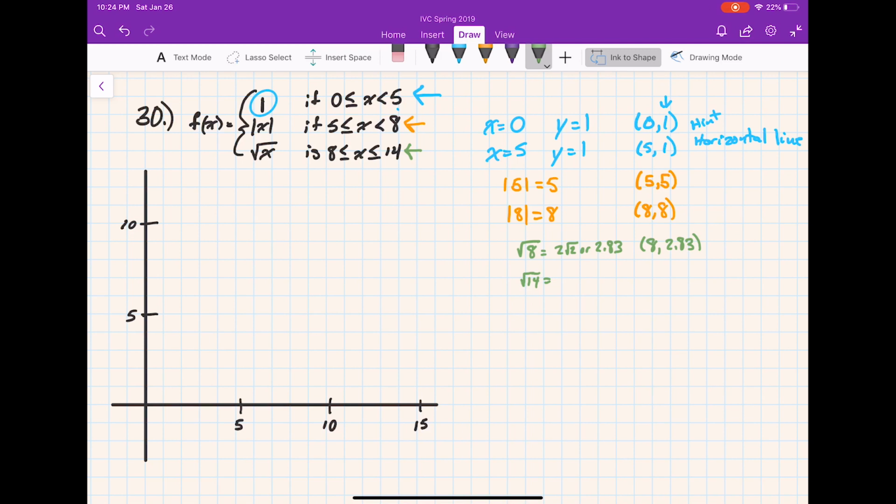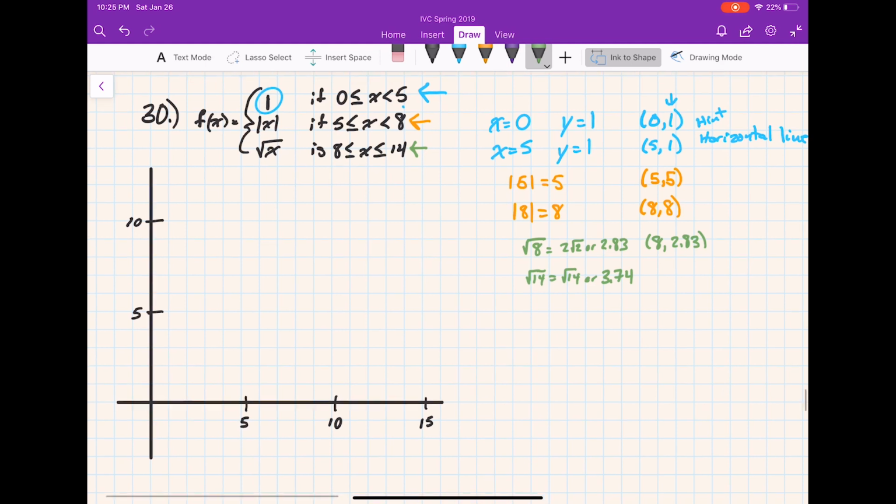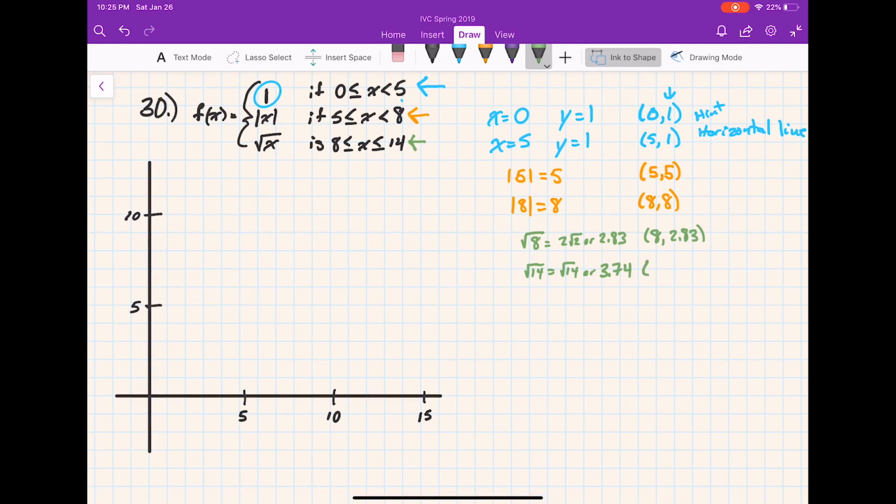I can't reduce that any further, but I can just find with the calculator the square root of 14, which I could have done before with the 8, and it ends up being 3.74. So for x being 14, we return 3.74 for our y.